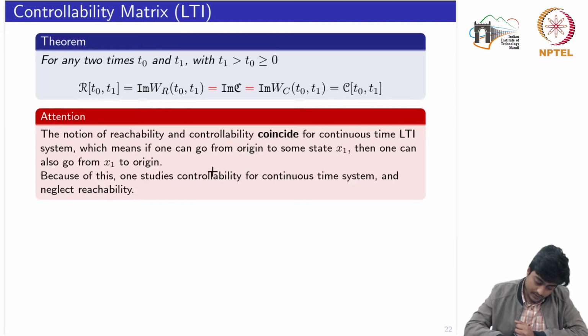So if one can go from the origin to some state x1, then one can also go from x1 to the origin, which is generally not true for LTV systems. That's why we carry out the analysis of both the subspaces. Because of this, one studies controllability for continuous time systems and neglects reachability. So for the LTI system, we will mostly study controllability, but whenever we are discussing time varying systems, we'll see the analysis of both the subspaces.